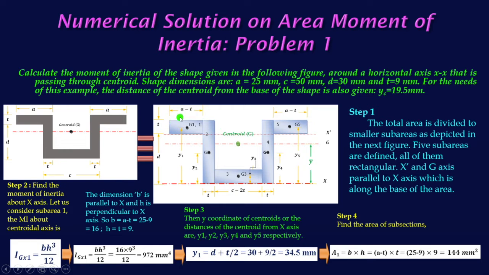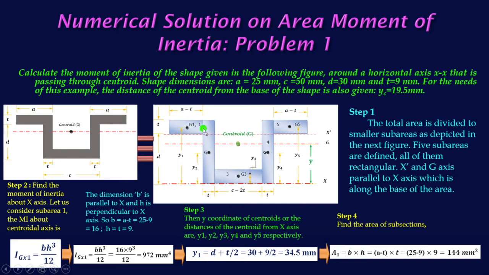We also need the area of this section. So what's the area? b into h, where b is this, equal to a minus t, into t. So we get this. We are getting the area of section 1, the distance of the centroid from the x-axis or the distance between the two parallel axes, and the area moment of inertia about the centroidal axis.